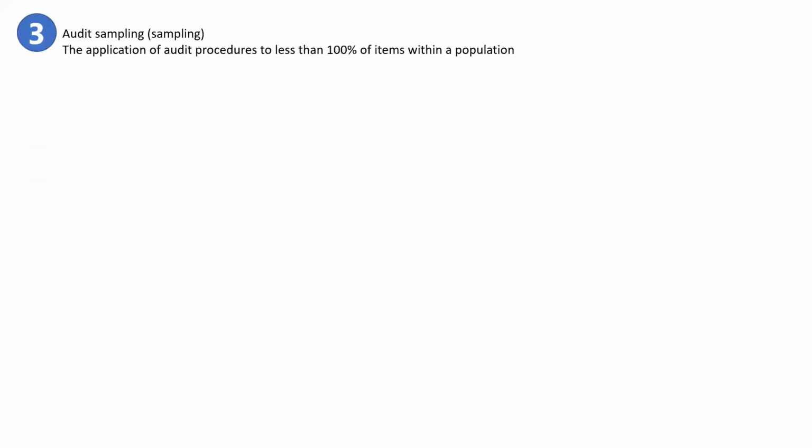Now let's look at some of the definitions in terms of the audit terminology that we have around auditing a sample. Firstly, what is an audit sample? An audit sample is when you apply audit procedures to less than 100% of the items in the population. As with the revenue example I gave earlier, the revenue line item and the total amount sitting in my financial statements is the revenue amount.